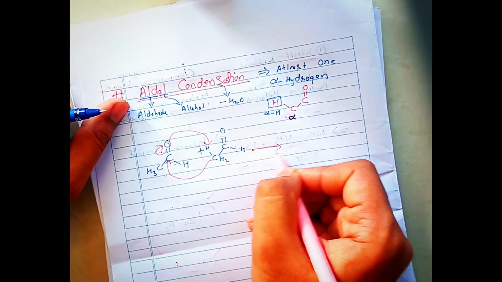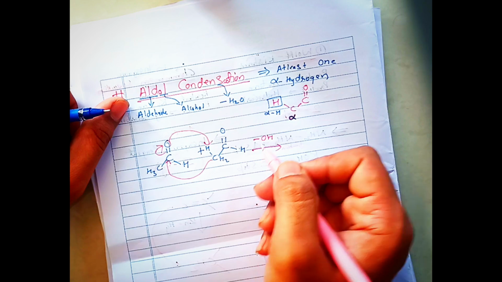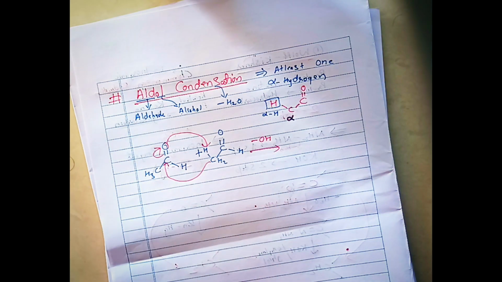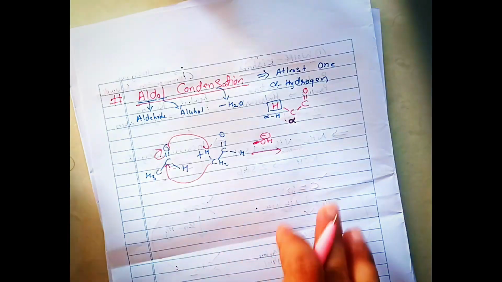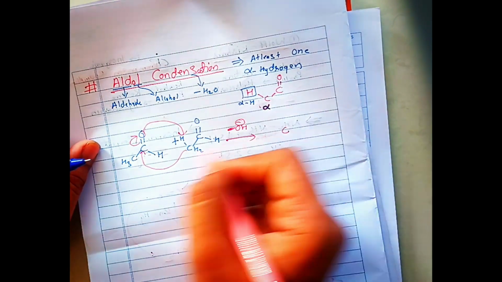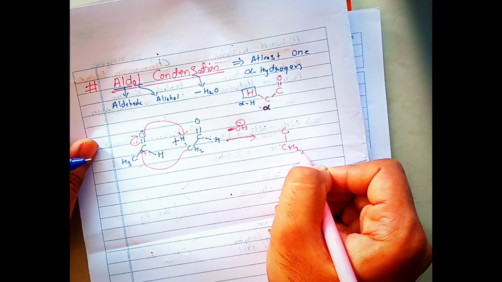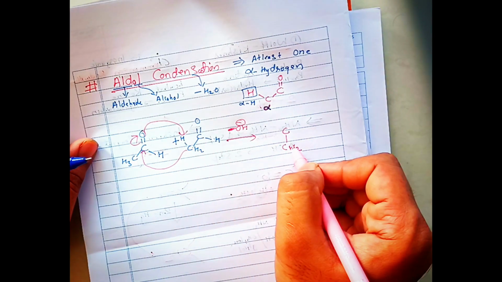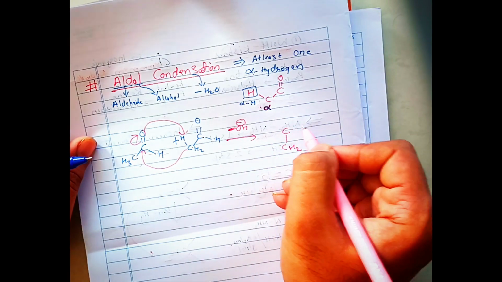Okay, like this there will be removal of OH minus, and the nucleophile will attack. This CH2 will attack here, so CH2. Then the other group, OH, will attack here.